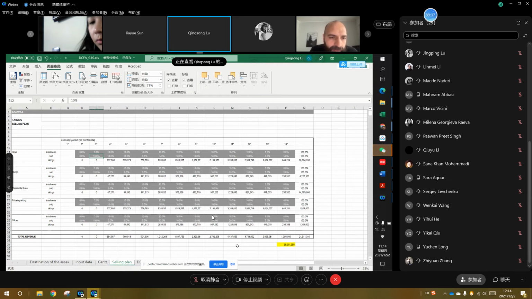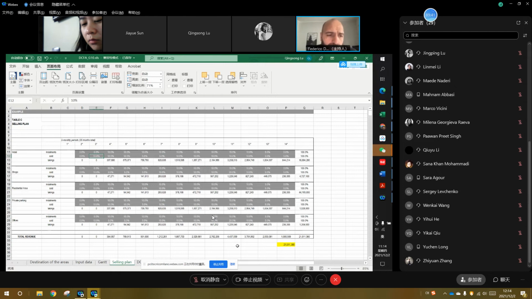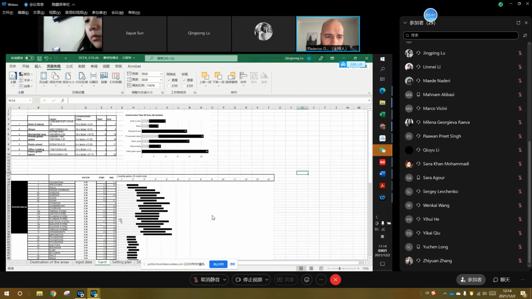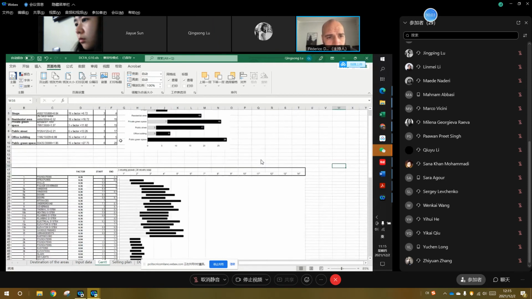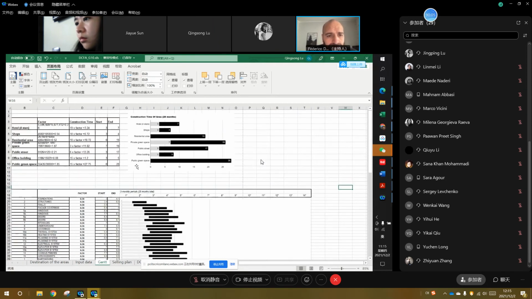Maybe in your case, you have considered in the Gantt chart that all building constructions start at the same time. Maybe you can also consider starting something after another. I don't know, maybe residential starts at the beginning, after that you have shops and office buildings, and at the end the hotel.